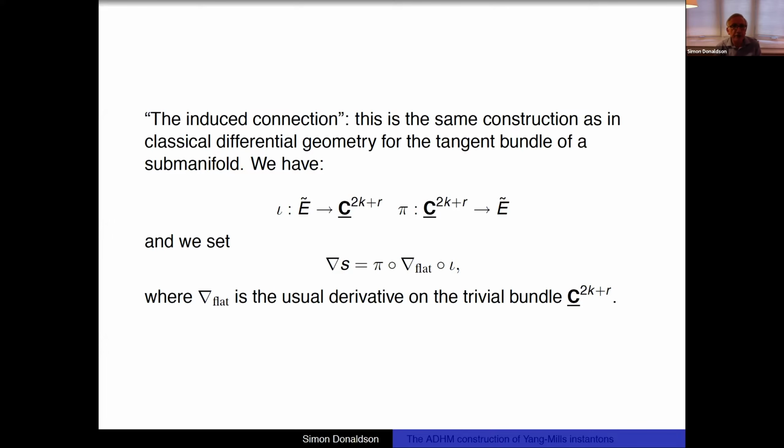That will take us outside the subbundle, but then we project to get back to the subbundle E tilde. This is exactly the same way that you define the derivative of vector fields on a submanifold in classical differential geometry. Very, very simple construction.